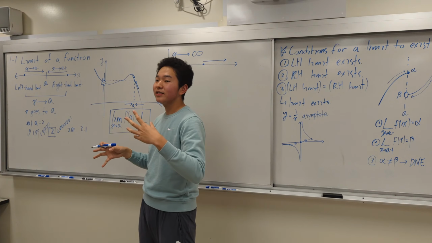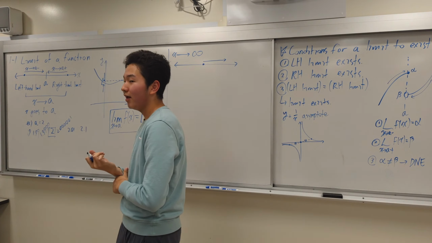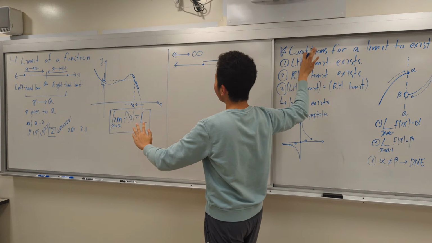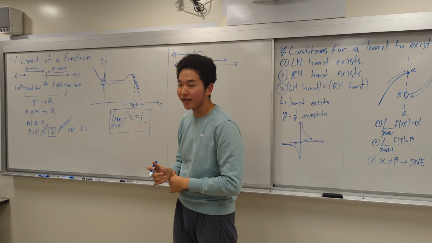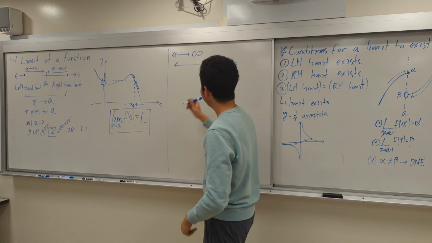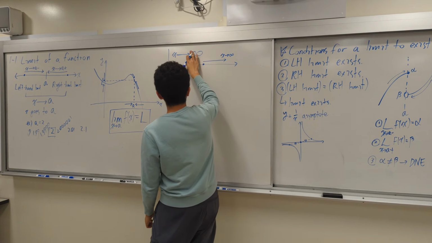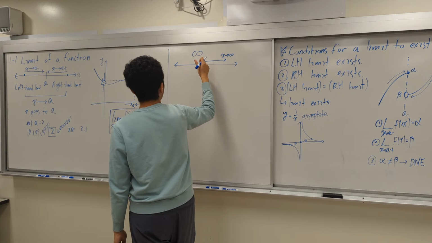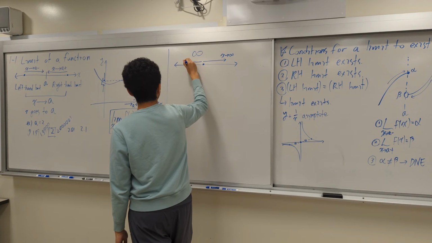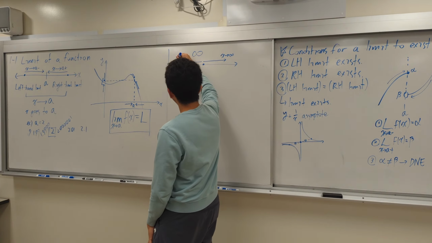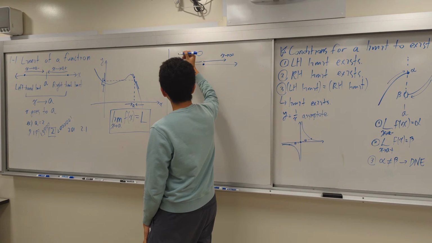So infinity is not a number, as you guys said, on the number line, but it's kind of like a state of something getting larger without stopping, okay? Does that make sense? So this is x goes to infinity. And if I pull this point towards the left without stopping, what do you think that gets you to? Negative infinity. So x goes to negative infinity.